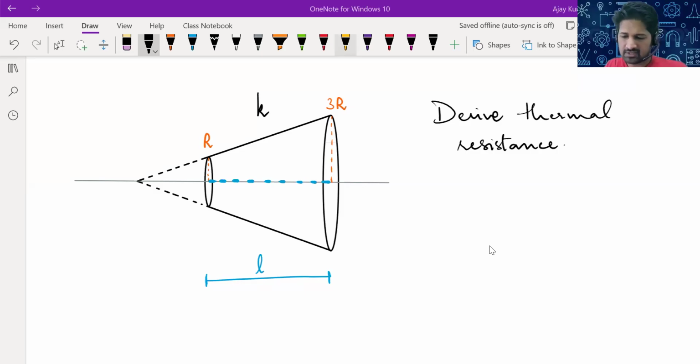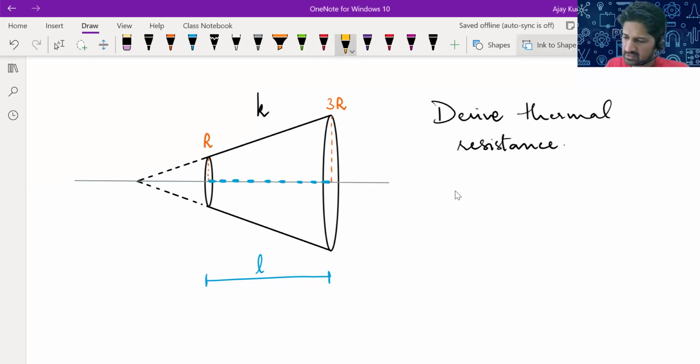The first thing to do is imagine heat flow. Assume the left end of the cone is at higher temperature and the right end is at lower temperature. Heat will be flowing from left to right. Next, visualize the cross sections or the layers through which heat has to pass.